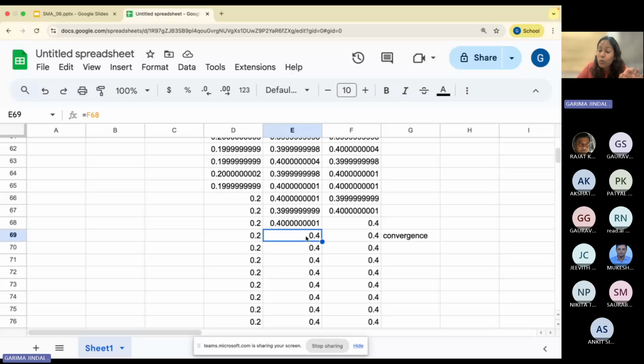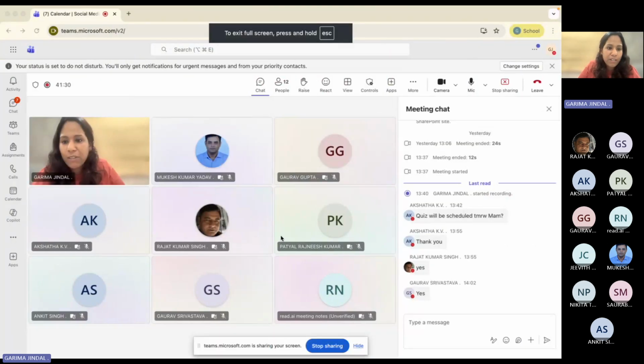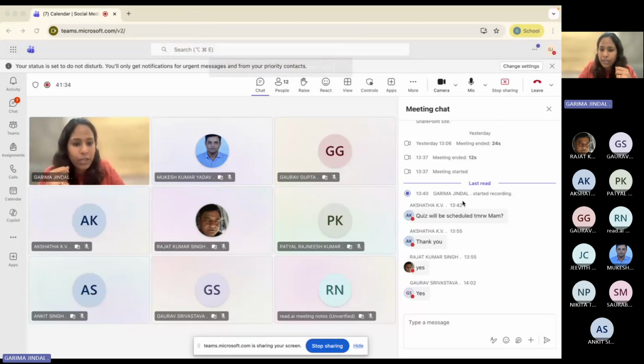So here, nodes B and C are more important than node A. So with this method also, we can identify which node is more important and which node is less important. We will be discussing this notion again in more detail.